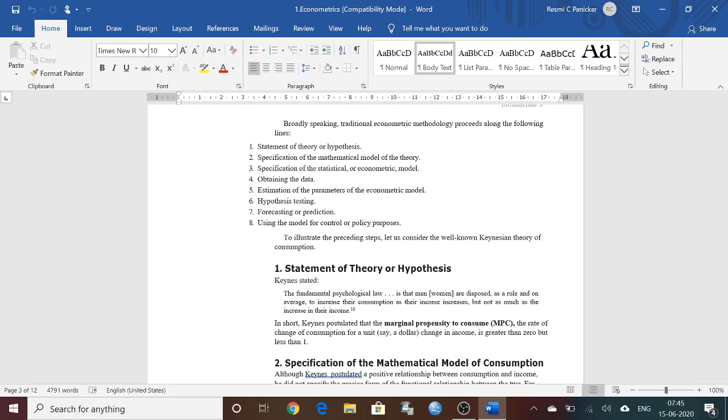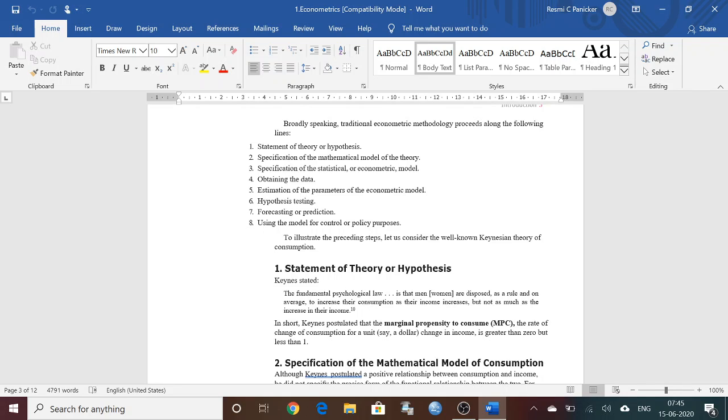So here I would say the Keynesian theory of consumption behavior is most suitable for this particular research problem because Keynes says that consumption is a function of income, and there are also subjective factors associated with the consumption decision of a person, right?